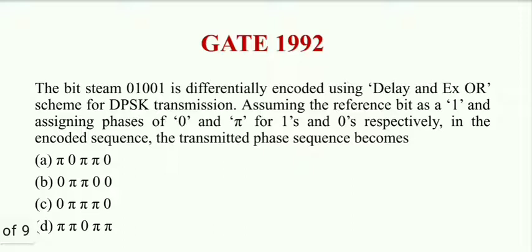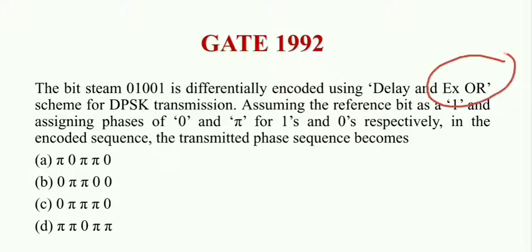Next question. The bit stream 01001 is differentially encoded using a delay and XOR scheme for DPSK transmission. Assuming the reference bit as 1 and assigning a phase of 0 and pi for 1 and 0 respectively in the encoded sequence, what is the transmitter phase sequence? Again the same problem, but here they are not using the XNOR that I used in the previous problem and example problem.